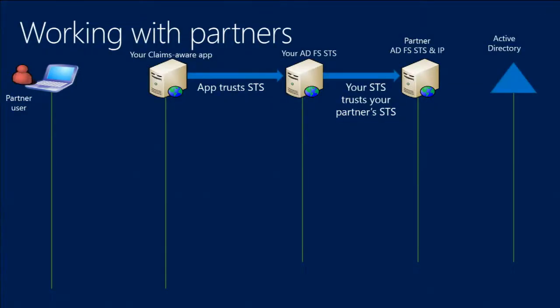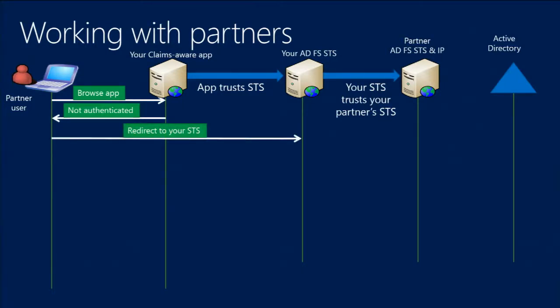Now, if we're working with a partner organization, what will happen is we will hit our Claims app. It will say you're not authenticated and give a redirect, and it redirects you to a security token service that it trusts. All right? What does it mean by trusting it? Well, basically, it will trust the signature on the token.